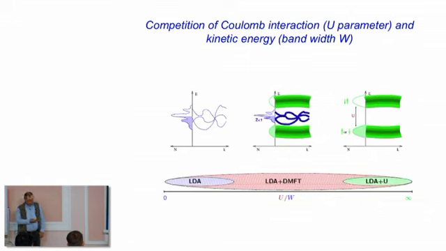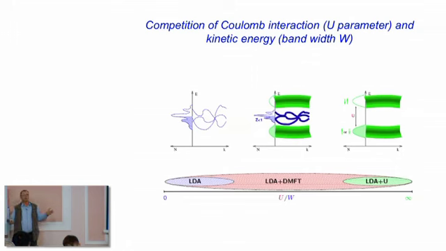Now the scheme of where we need correlations and where not. The major parameter is the ratio of the Coulomb interaction parameter U, the Coulomb repulsion energy for two electrons on the site, to the bandwidth W. Bandwidth is proportional to the hopping parameter from one atom to another, and it is inversely proportional to the lifetime of an electron on the site.